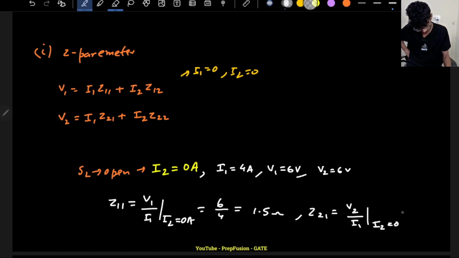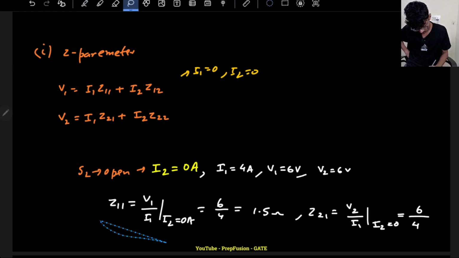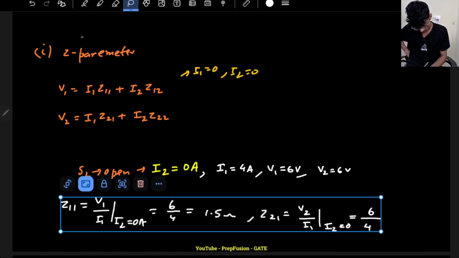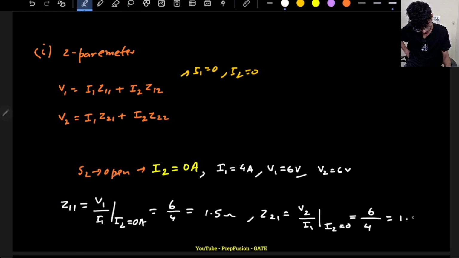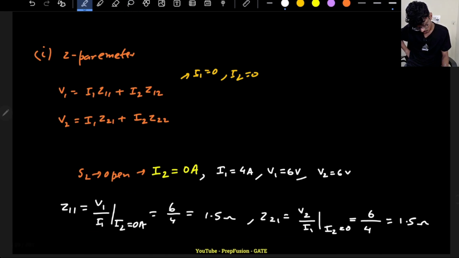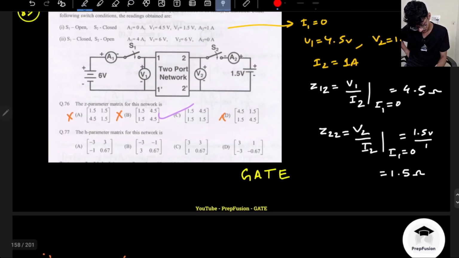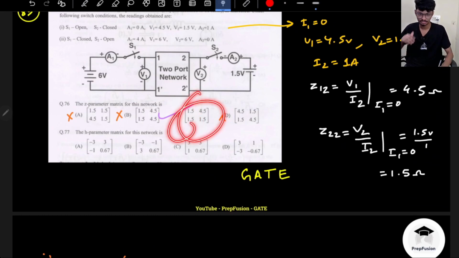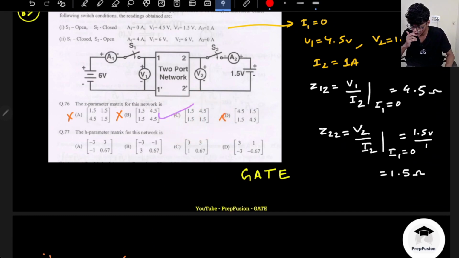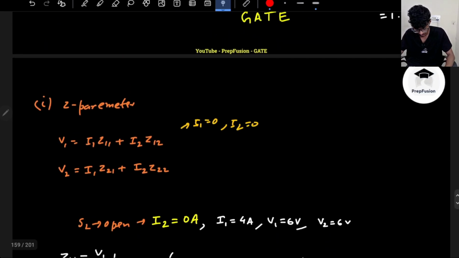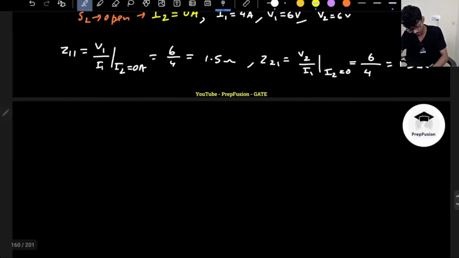So V2 by I1 will be 6 divided by I1, and I1 is 4. This will be 1.5 ohms again. So Z11 is 1.5, which is correct here. Z21 is 1.5, which is again correct. So of course this is the correct answer of this question. Now let's check for part 2.